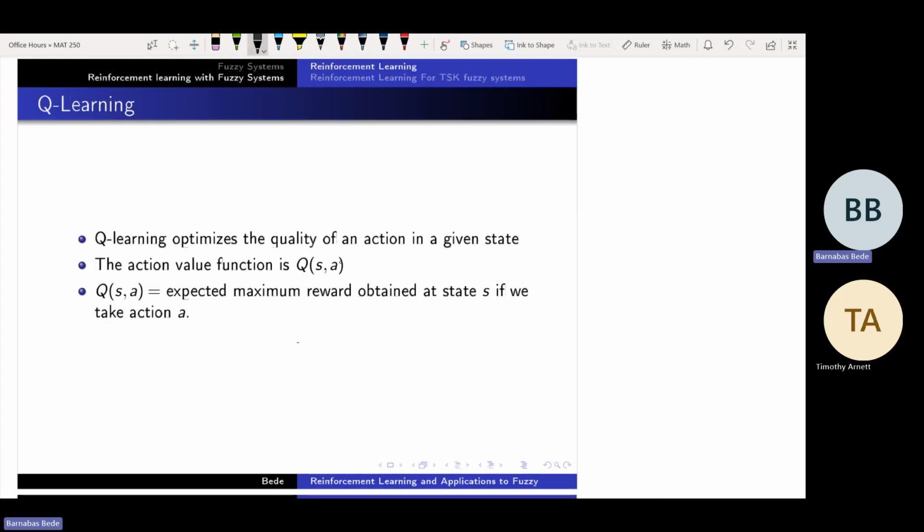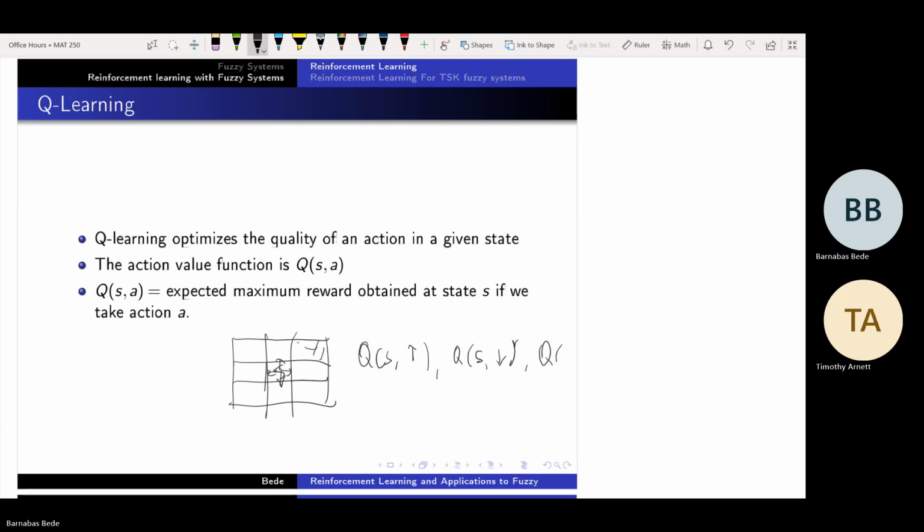So what is the difference between value function and Q learning? Because it looks like this, expected maximum reward. The difference is that I take the action. When I have this grid problem and I'm here, I can take any action and I'm going to have 4 Q values: Q of S for the action to go up, Q of S going down, Q of S taking right, Q of S taking left.